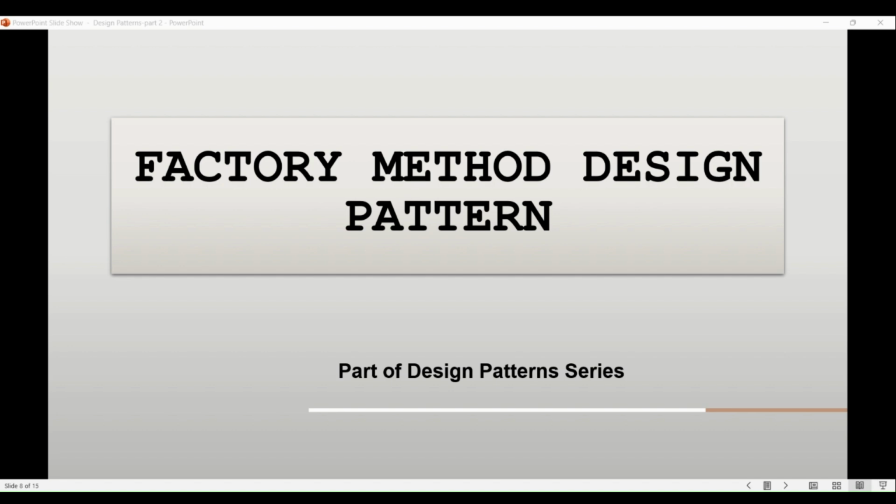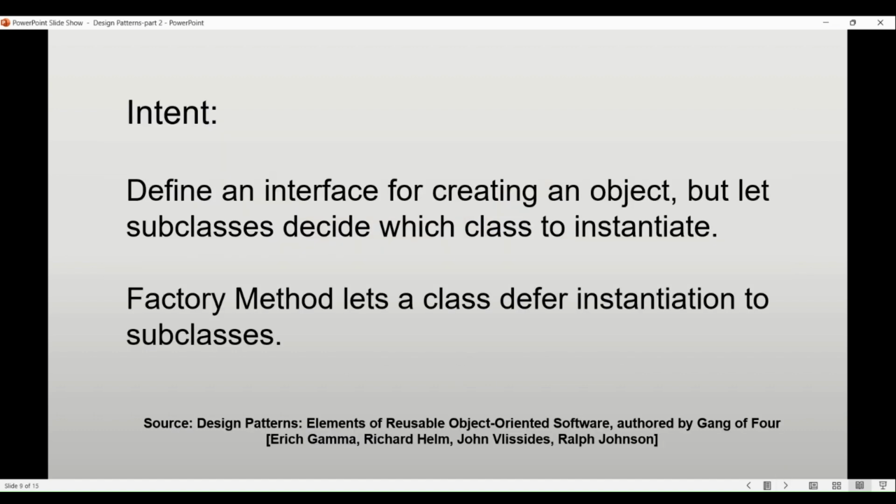The factory method pattern again provides an interface for creating objects, but allows subclasses to decide which class to instantiate. So the intent behind factory method pattern is to define an interface for creating an object, but let the subclasses decide which class to instantiate.